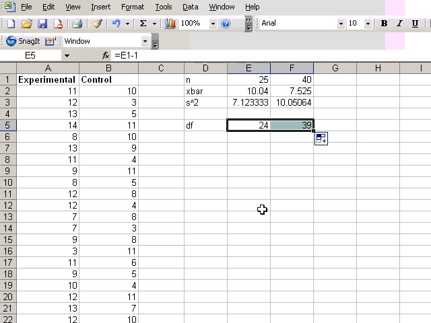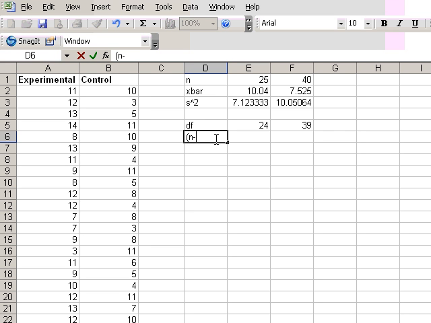Now, part of the formula for the pooled variance is the degrees of freedom, that is n-1 for each group, times the variance for that group. So I will calculate that right here. This is n-1, which is the degrees of freedom given above, times S hat 2.